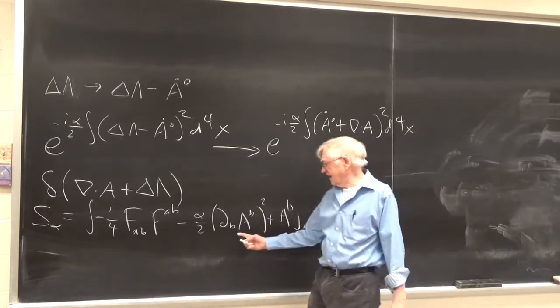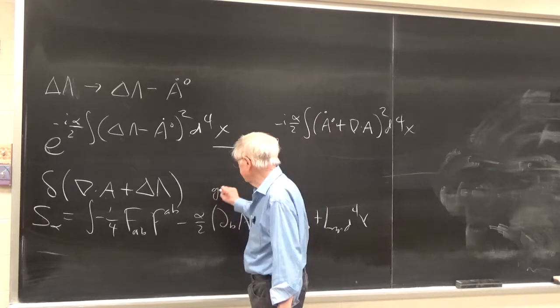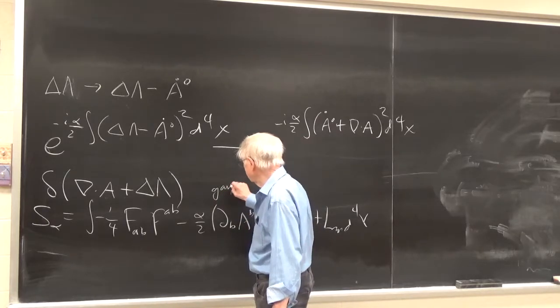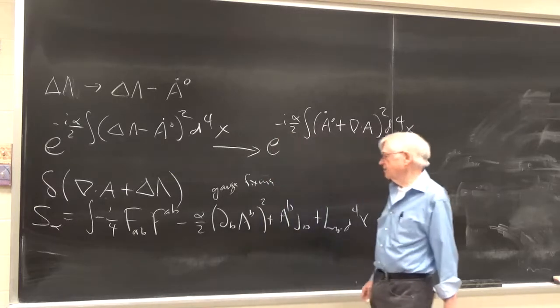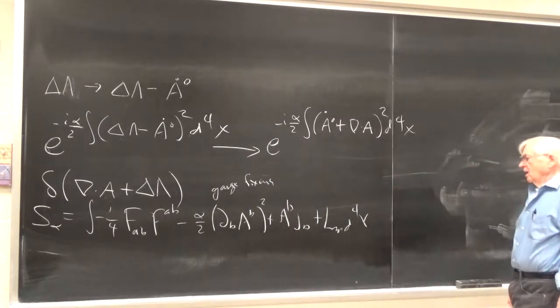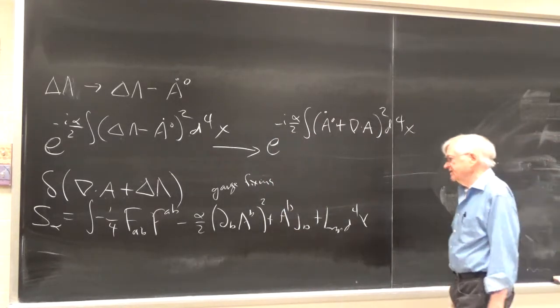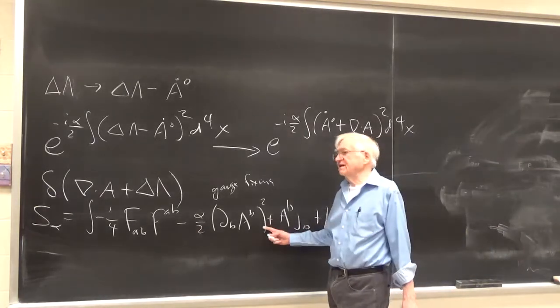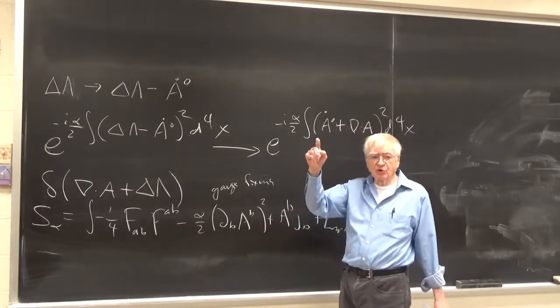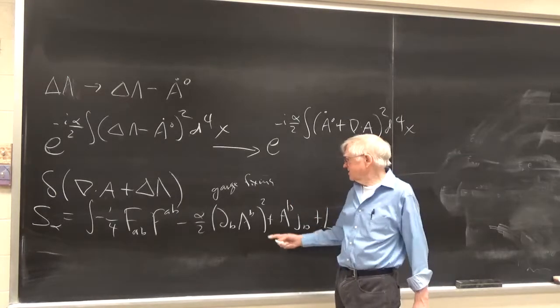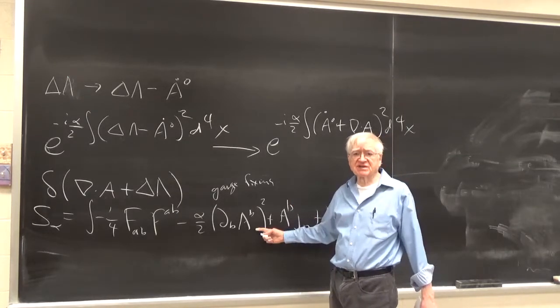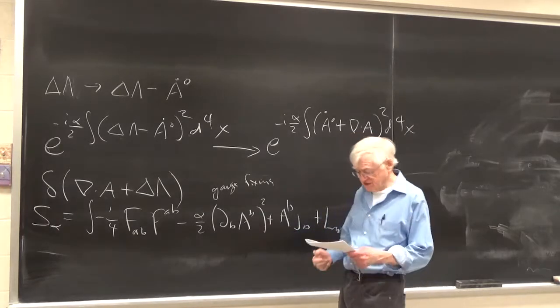So this is called a gauge fixing term. The advantage here is that we've gone from a Coulomb gauge fixing term, which is awkward, to a Lorentz invariant gauge fixing term.